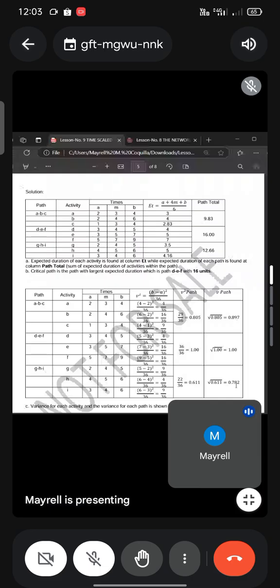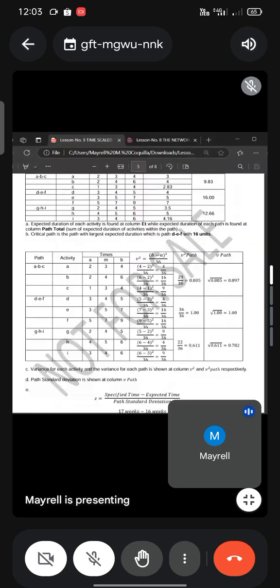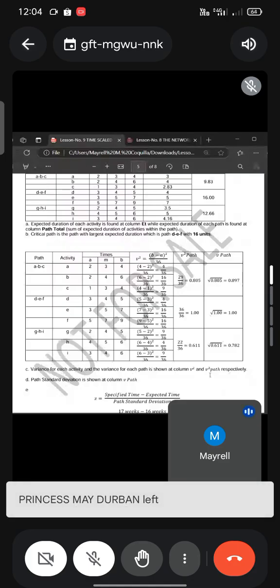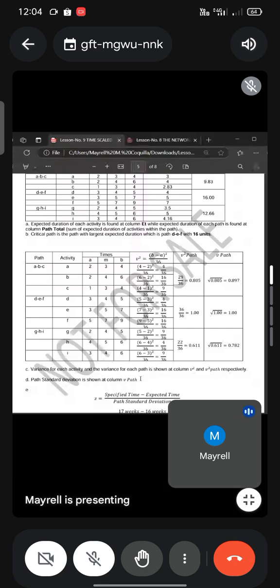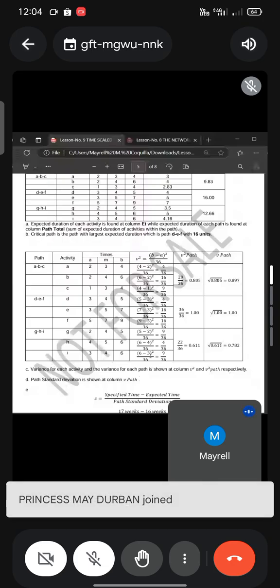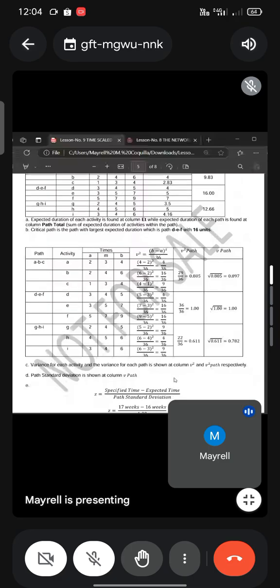So, this is the standard deviation of each path. The variance of each activity and of each path is shown in column V squared and V squared path, respectively. The path standard deviation is shown in column V path. So you solve those first. Now, we can solve for the probability.